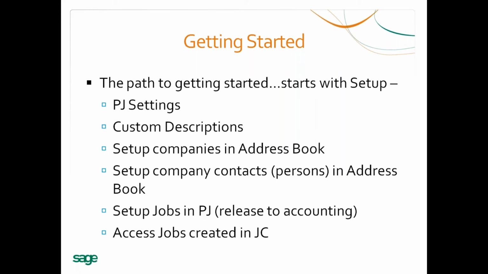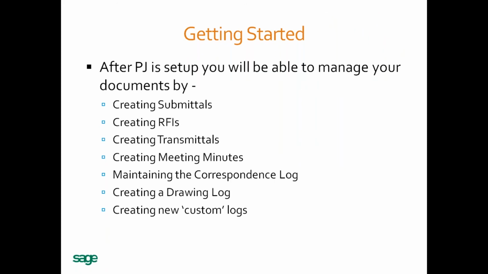And what the submittal does is it lets you track the sending of that sample out to the person that's going to approve it, and then their response once they take a look at it, whether they reject it or approve it. And then you're going to track that within project management. So if there's ever any question about it, you have a log that you can come back to and you can pull the document up.